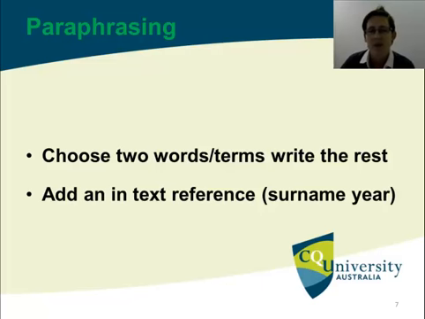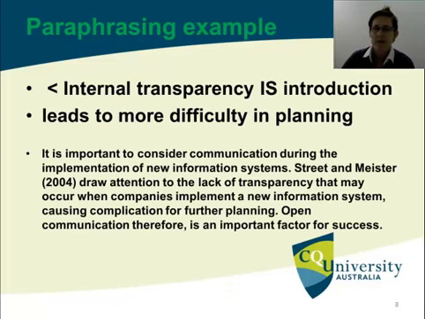I've chosen some ideas I really like from that journal article we just saw, and I'm going to write a paragraph. So the two ideas I found really useful in that journal article were firstly about internal transparency and how that can be compromised during the implementation phase, and secondly the fact that that leads to difficulty.